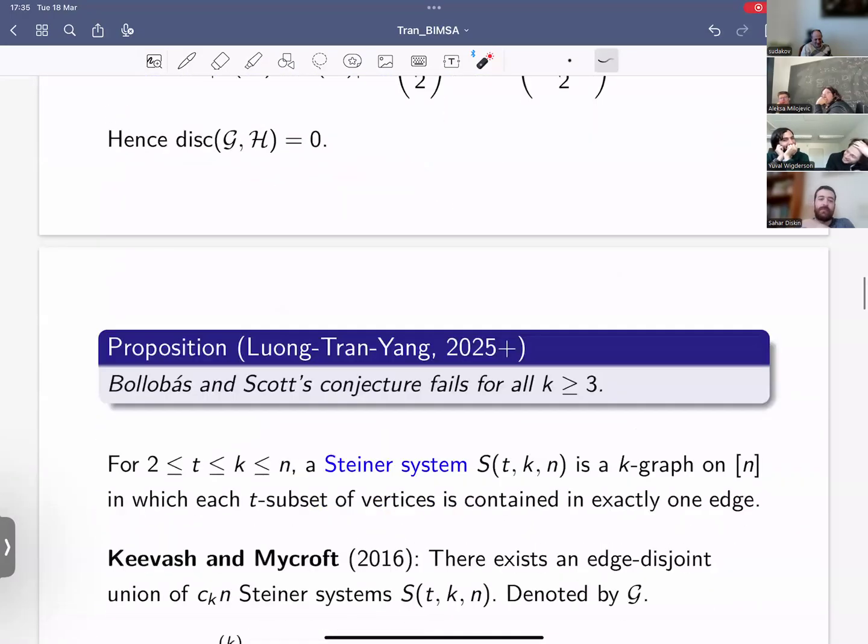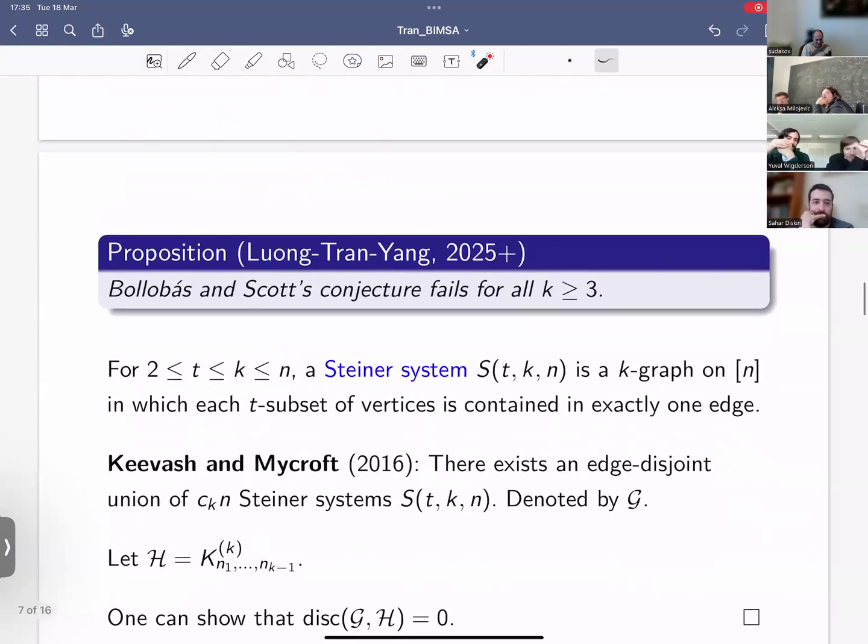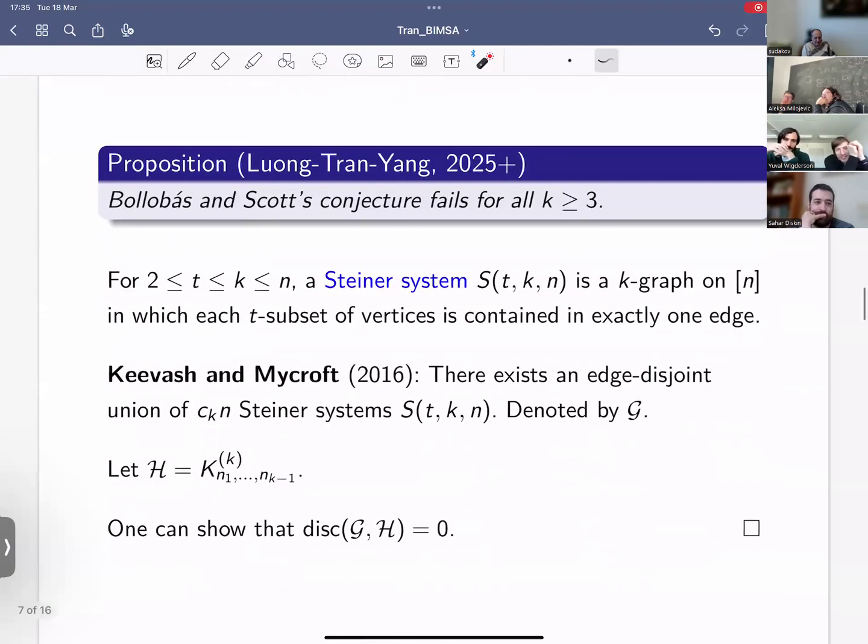Okay, so this can be easily generalized to all uniformity. We construct a counterexample for all uniformity because there is a natural generalization of Steiner triple systems.